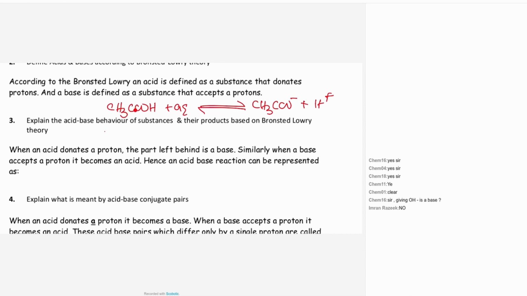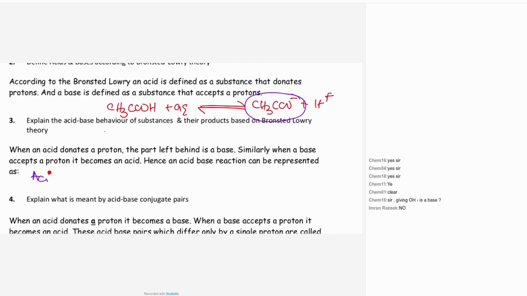So when an acid gives out a proton, the left behind part is a base, and when the base accepts a proton, the left behind part will be an acid.